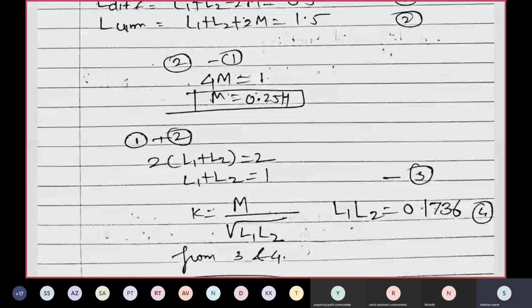So L1 L2 is equal to 0.1736. So from this equation number 3 and 4, you have to find the values of L1 and L2. One quadratic equation you will get.